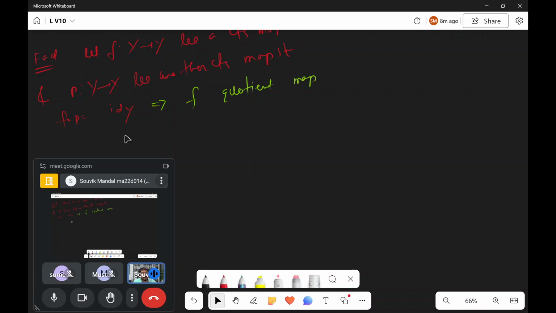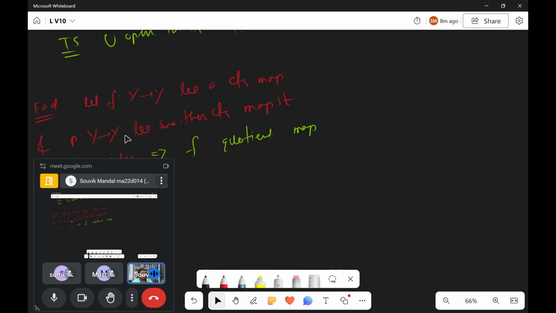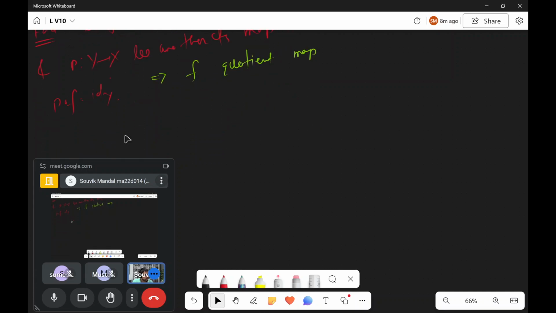This is the fact that we proved in the last session, and this is the fact we are going to use. Sorry, it should be f composite p. Now we need to find such a p, correct?